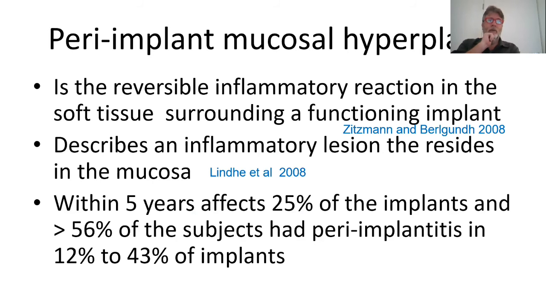Within 5 years, it affects 25% of implants. And greater than 60% of the subjects had peri-implantitis as well, and that occurred in 12 to 43% of the implants. So again, it's a significant finding.